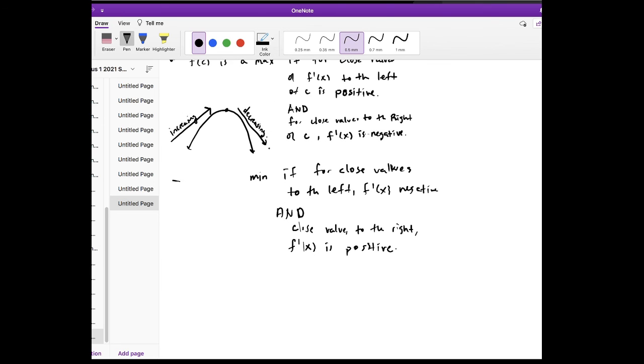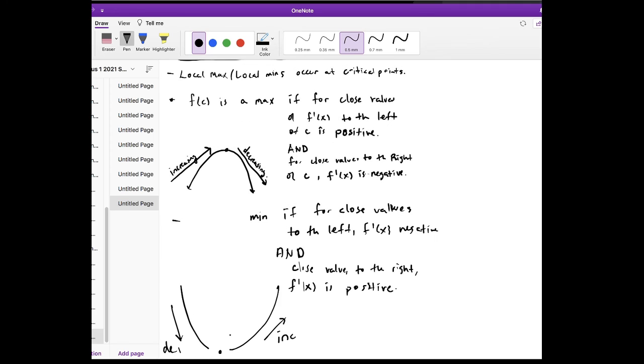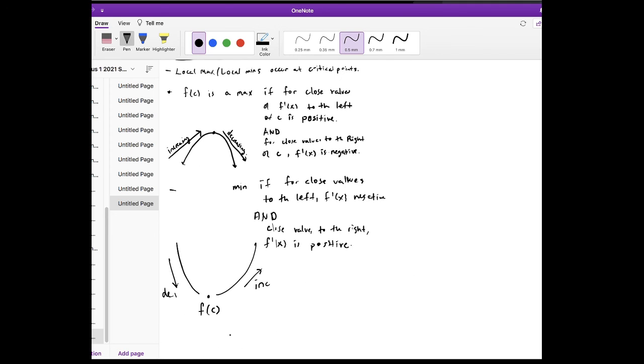Okay, so picture. If to the left it's negative, it's decreasing. And you have some value here, and then to the right it's increasing. So f of c. Okay, does that make sense?